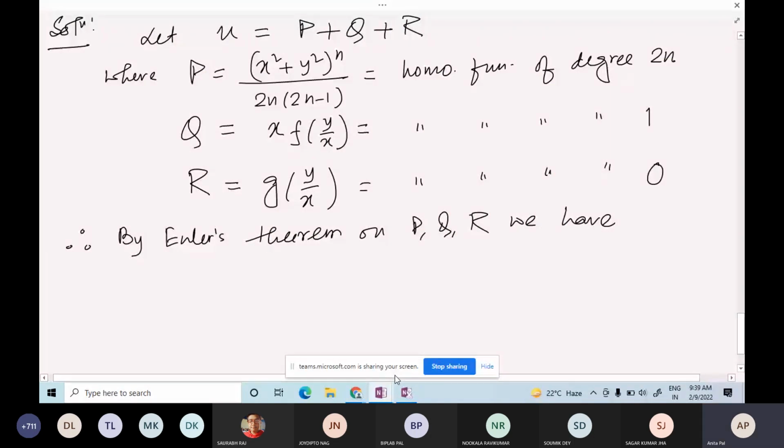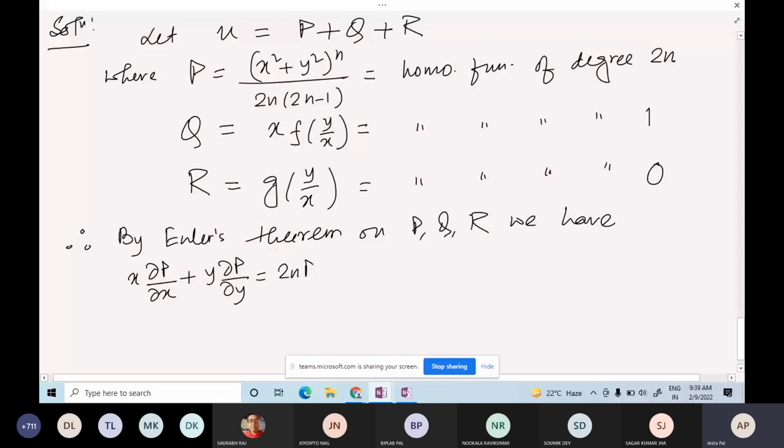You have written for PQR. So if I want to write Euler's theorem for PQR, I'll write x del p del x plus y del p del y equal to 2n p.